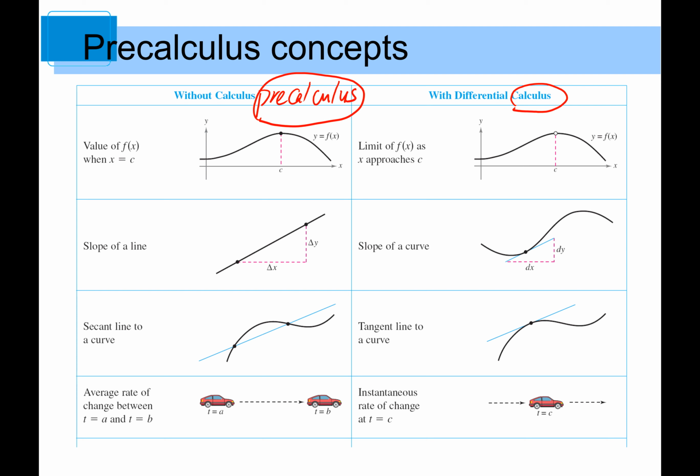Given any x value, let's say x equals c, you'll be able to find the y value, which is f of c, right, in this case. And in calculus, we will learn to find the limit of f of x when x approaches c, from the left and the right hand side.